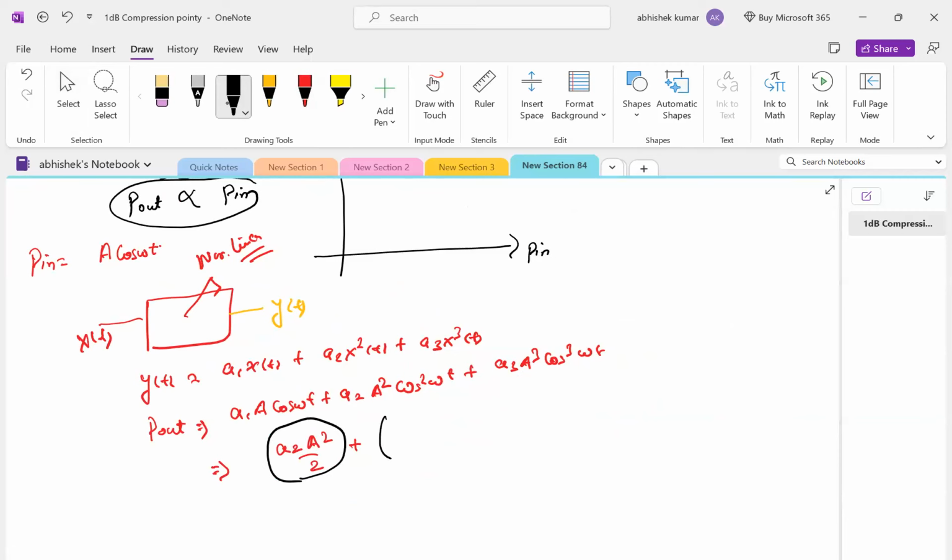Apart from that, you will get other components: a1 plus 3 a3 A cube by 4, times cos omega t, plus a2 A square by 4 cos 2 omega t, plus a3 terms.